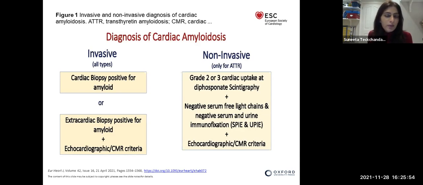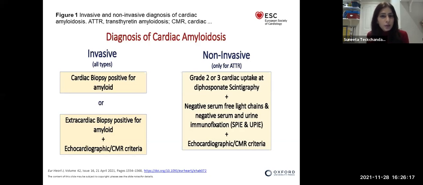By extra-cardiac, we mean nerve biopsies, like if you have carpal tunnel, you have a median nerve biopsy, sural nerve biopsy, or biceps tendon biopsies, etc., which have shown amyloid deposit, with echocardiographic features of thick wall with that speckled appearance.